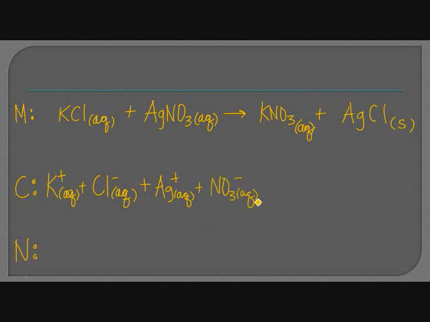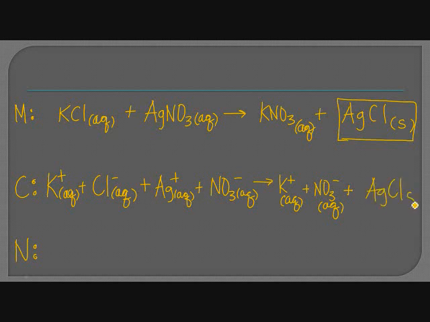And we're still keeping things on the correct sides of the equation, so now we break up the potassium nitrate, because that's labeled as aqueous. And then this solid stays together. That's the whole point of it being a solid. It doesn't dissolve, so it needs to stay written together as well. So the AgCl solid is kept exactly the same as before.